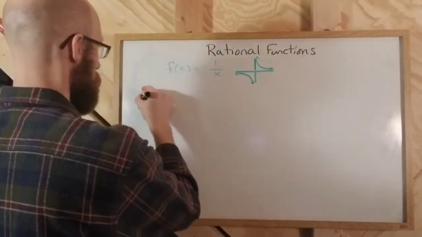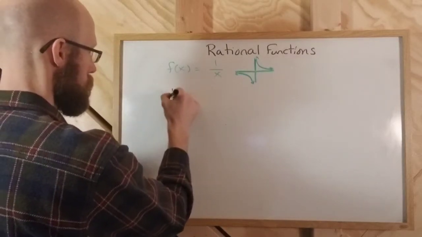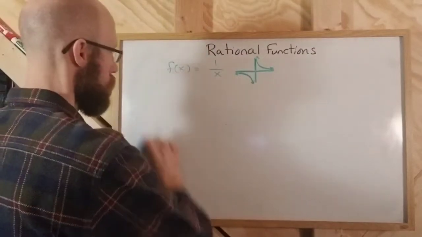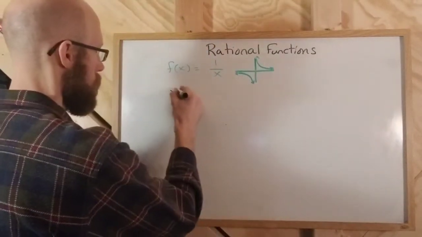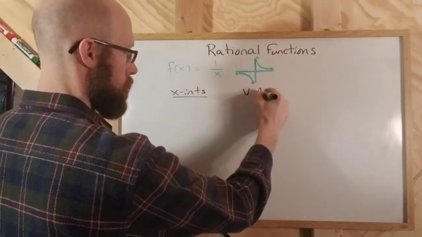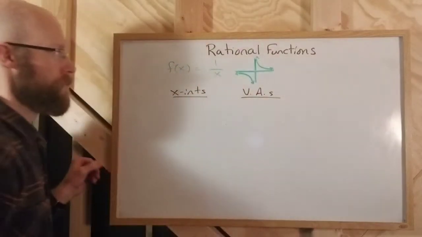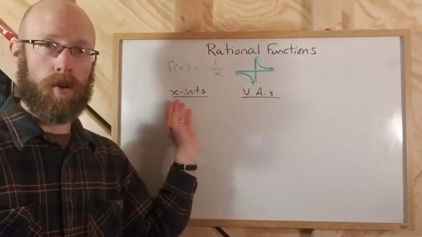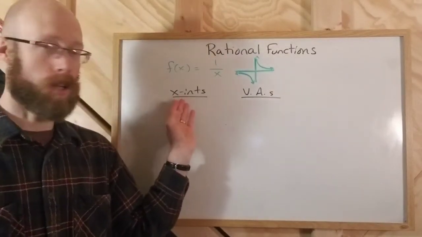So for polynomials, or I should say for x-intercepts and for vertical asymptotes. Okay, so two different categories of zeros, right? In the numerator or on a polynomial, you're going to have x-intercepts.